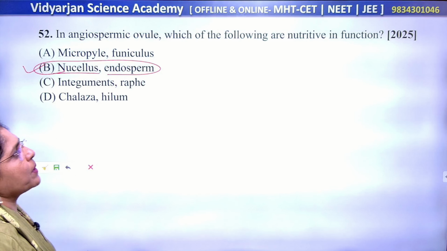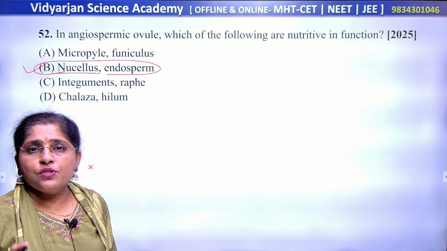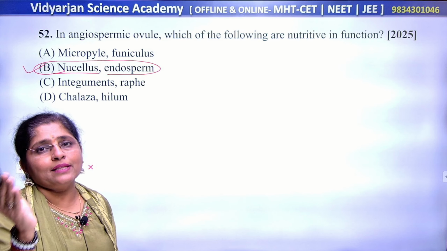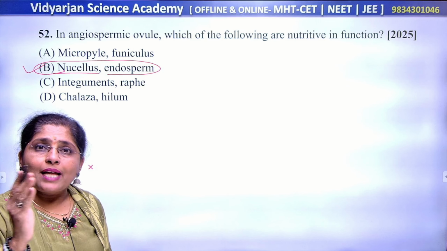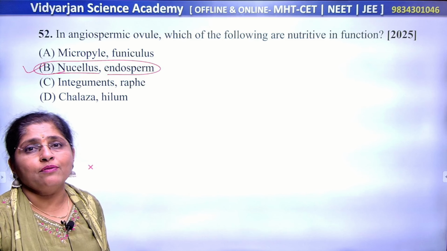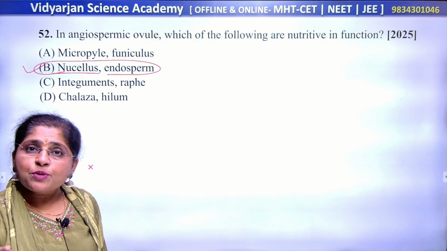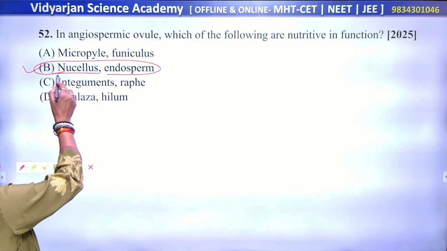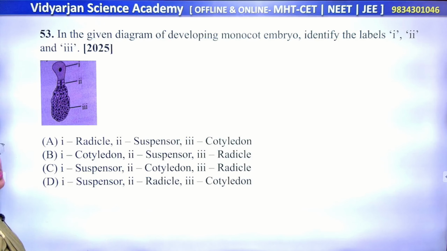In the angiospermic ovule, they are providing the nourishment. This nourishment is given to the developing embryo. You know what changes will be there in the monocot embryo and the dicot embryo, and how the development will take place. So which part is providing the nourishment to the embryo? Got it? So this is nucellus and endosperm.